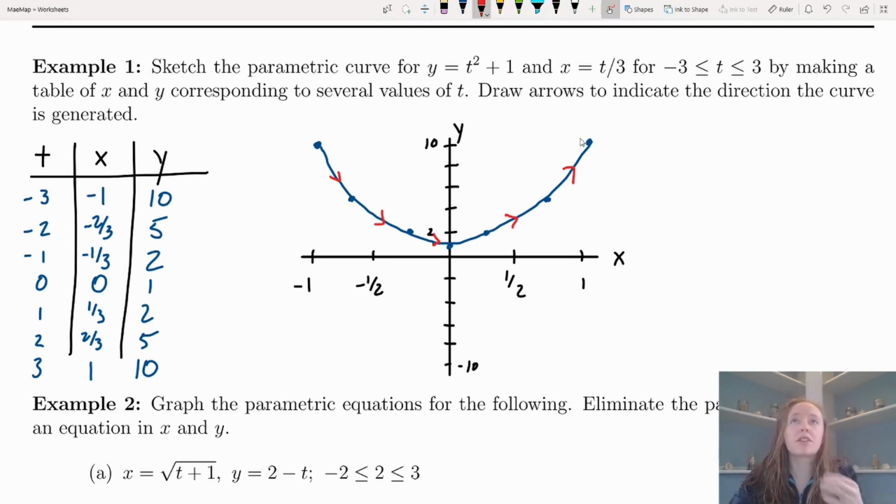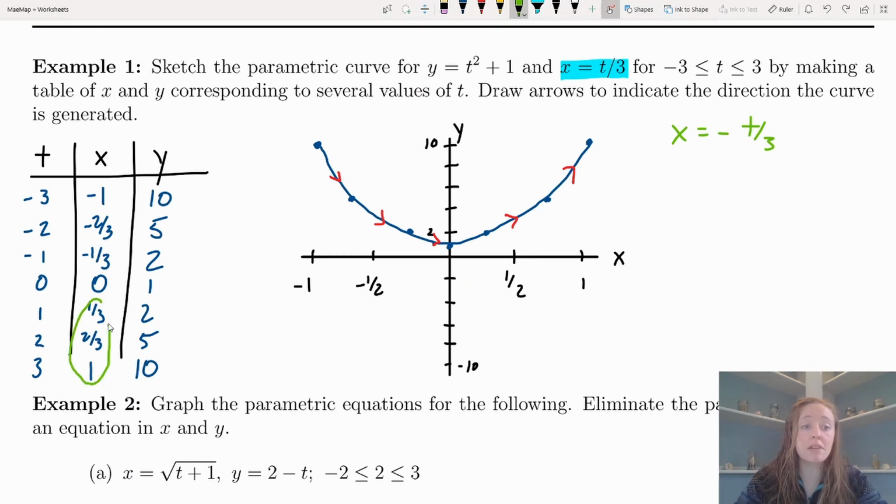Now, just to make you think a little bit more about direction, because that seems rather simple in this problem, negatives to positives, think about if I took this x equals t over 3 and changed it to be x equals -t over 3. Then, when I plugged in my t values, my x's that were negative would now become positive, and my x's that were positive would now become negative.